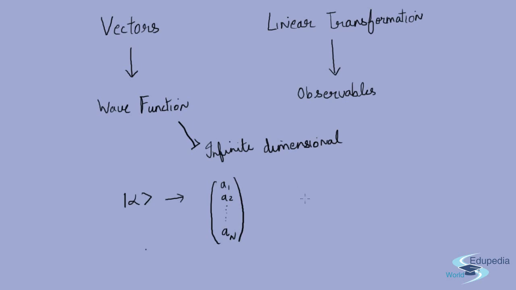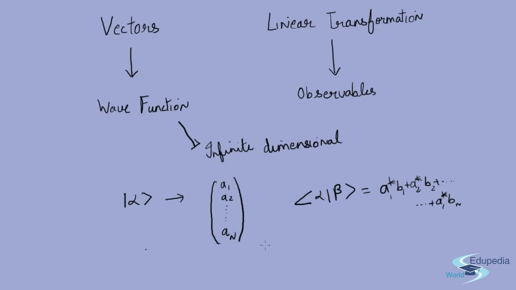Also, when we talked about the inner product, let's say we had alpha inner product with beta, the definition of that was a1 star b1 plus a2 star b2, where beta is b1, b2 and so on, plus dot dot dot plus an star bn.